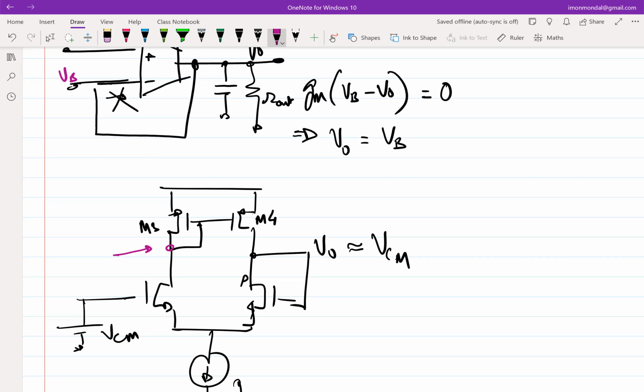If I only consider the right branch and I increase VCM, who is going to get affected first? M4, right? M4 is going to be affected, not M1, M2, because M2 is always in saturation, that is in diode connected state, right? So if I increase this, M4 is going to get affected. And how far can I increase this? What is the maximum this voltage can go to?